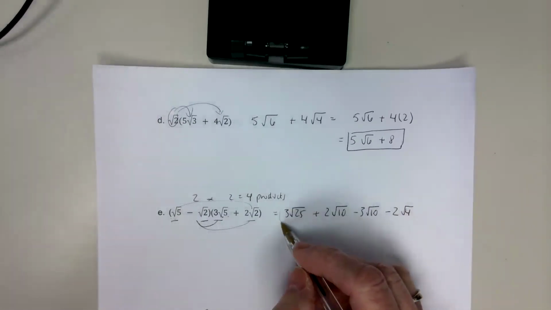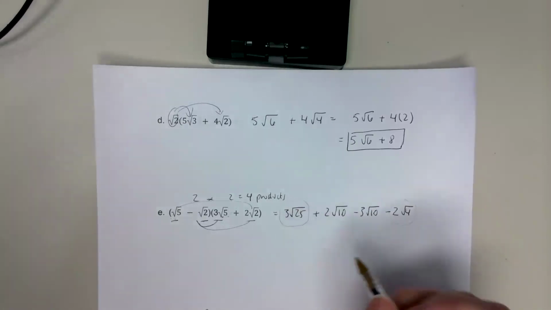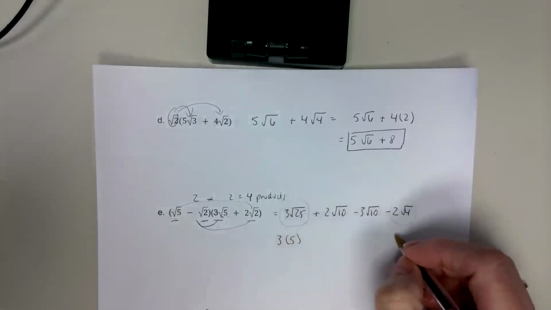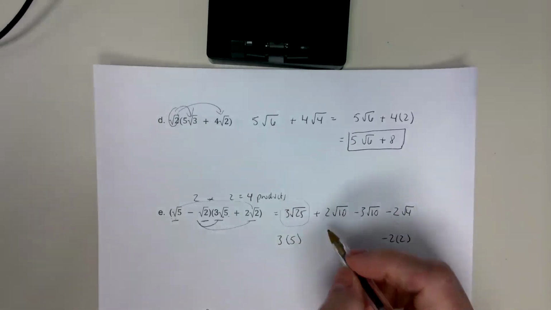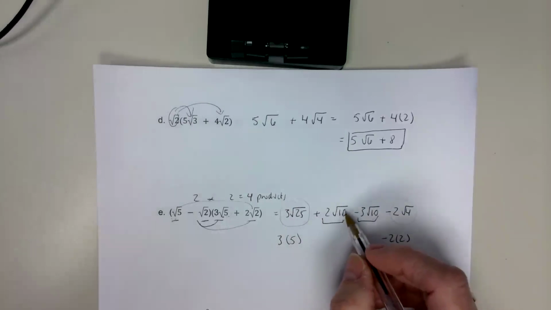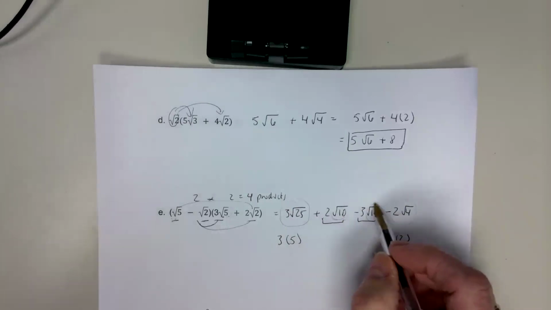Now, this first term and the last term both can simplify the radicals. So this will be 3 times 5, and this will be a negative 2 times 2. And then notice that we have like radicals, or like terms, here because these are both 2 times the square root of 10 and minus 3 times the square root of 10.